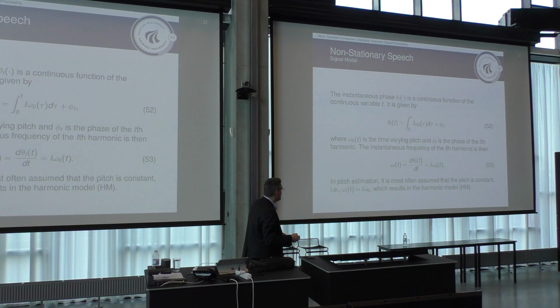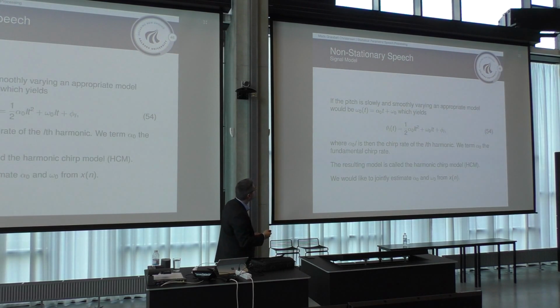Often in pitch estimation, you assume that the pitch is constant for like 20 or 30 milliseconds. So you're essentially saying that this does not vary with t here, it's just l times omega 0. Otherwise you're saying it's changing from this level to that level and then down to this level again, which I think everybody agrees is not the case. But this is what gives you the harmonic model, or H.